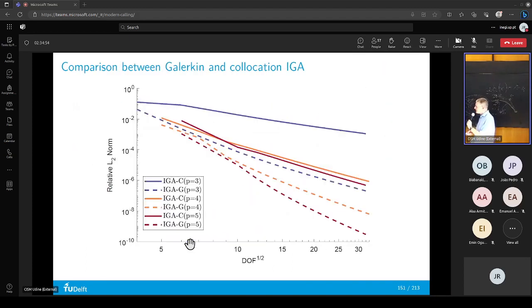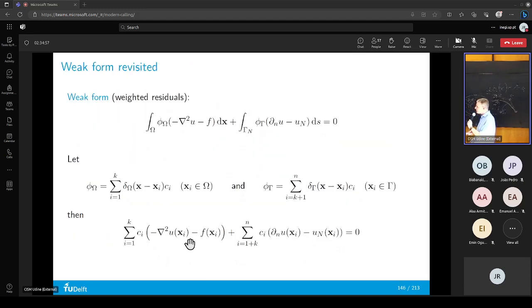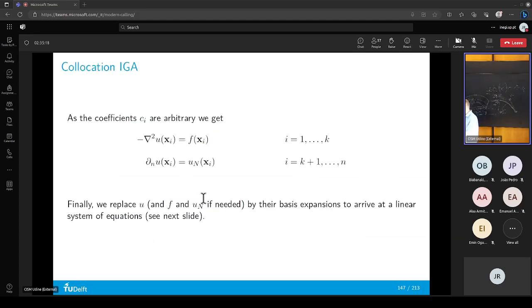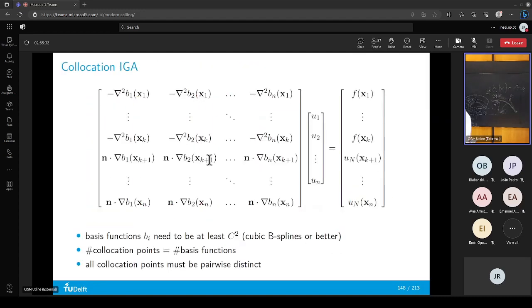If you derive collocation, let's say, all the way starting at a weak form, interpreting the test function as this, then you really can build up some mathematical theory. Then it is really weak and variational. But in practice, you typically say, and I fully agree with this, take your strong residual, or your strong form, evaluate it at the right points, whatever is right, and solve the resulting system.